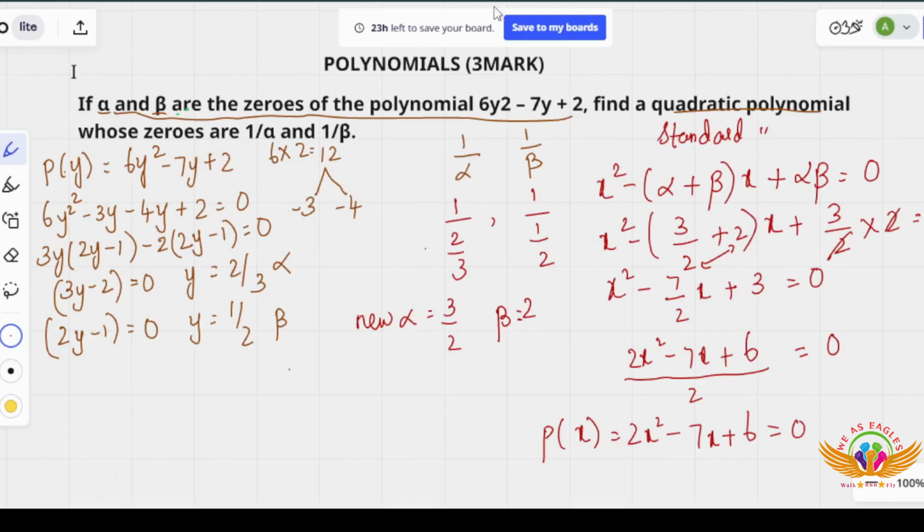Because they have given the variable y in the question, in place of x you can use y. So I'm just changing the x value to y: 2y square minus 7y plus 6. So our new polynomial p of y is 2y square minus 7y plus 6 equal to 0.